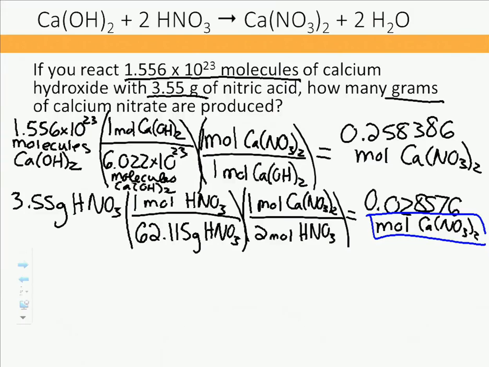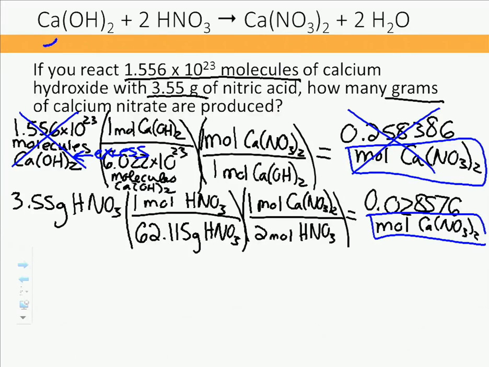Because I have the same unit, I can make comparisons. Which one is bigger? This number is bigger, so I cross it out and I cross this out. So this is my excess reagent. My excess reagent is our calcium hydroxide. The thing that was limiting is the one that produced the smaller number, so this is our limiting reagent.